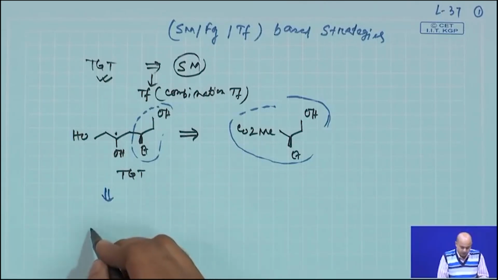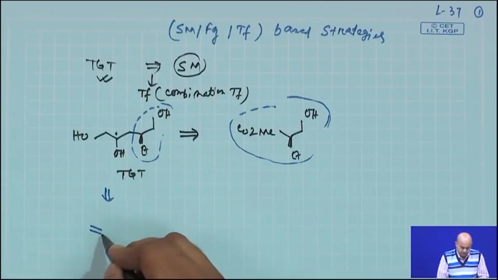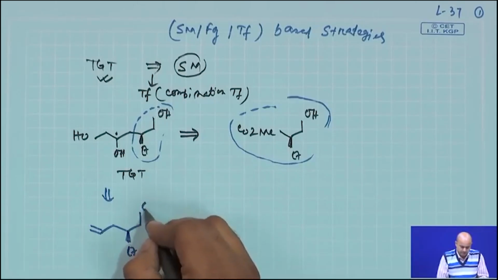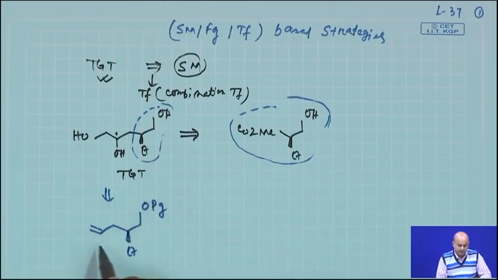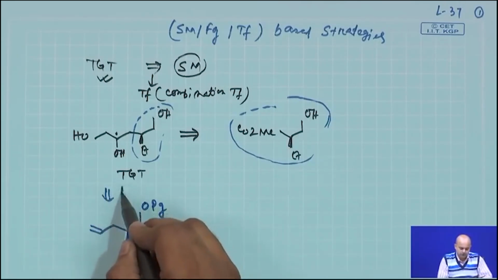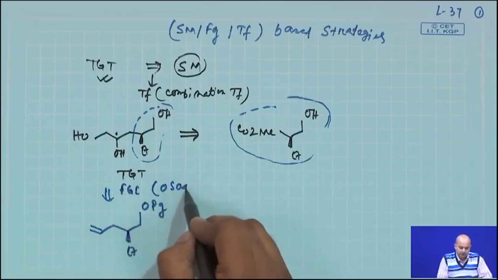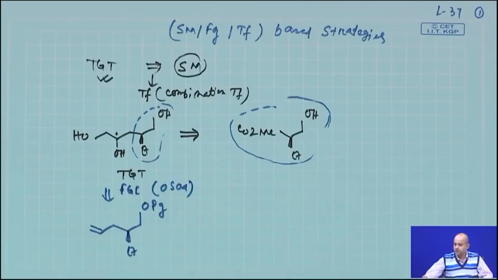So, this vicinal diol probably you can prepare by disconnecting through this kind of thing. And if you have this vicinal diol, you can convert it through an FGI, which is basically osmium tetroxide mediated dihydroxylation, which is very well known.